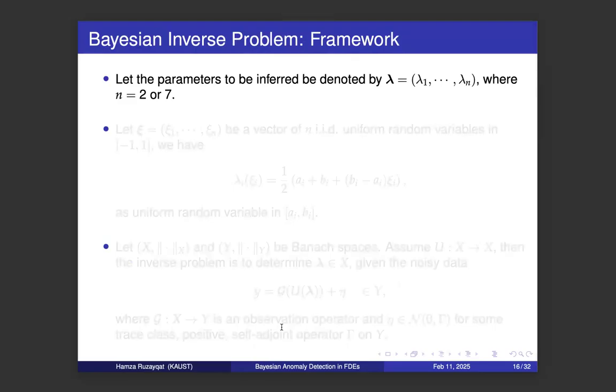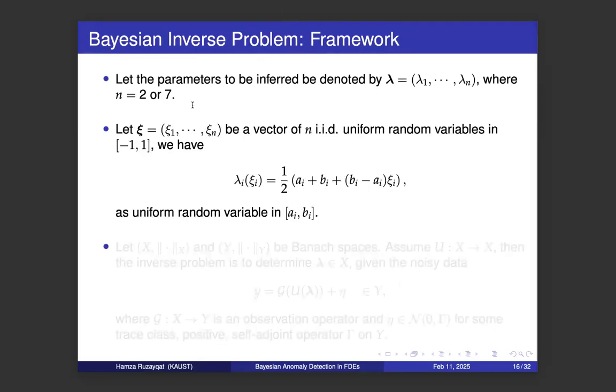So, a framework for the Bayesian inverse problem. Let capital Lambda be a vector lambda 1 up to lambda n, and n could be 2 or 7, either 2 parameters or 7 parameters. Now, we represent each lambda i as a random variable by this transformation. Each lambda i belongs to an interval [a_i, b_i].